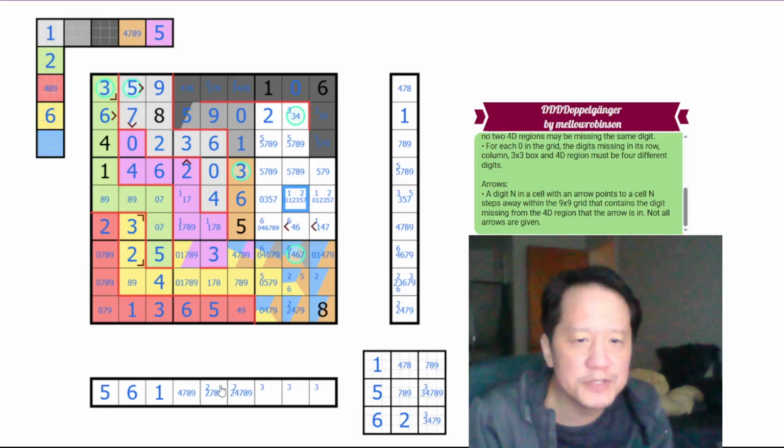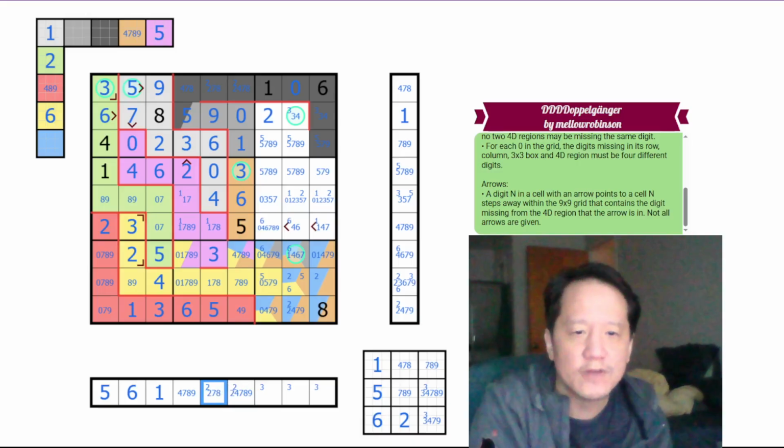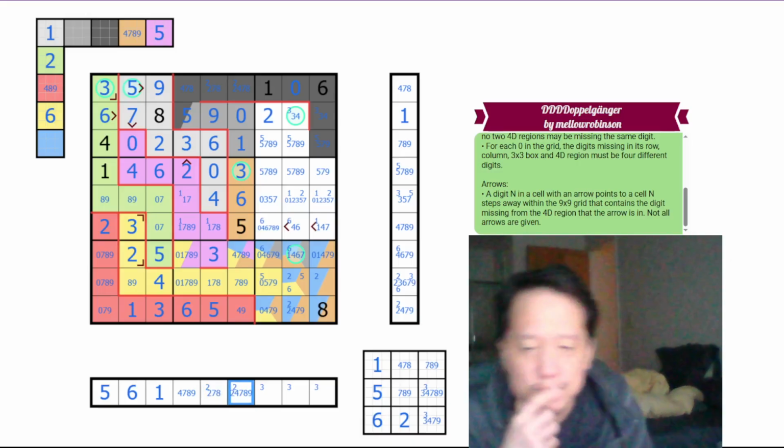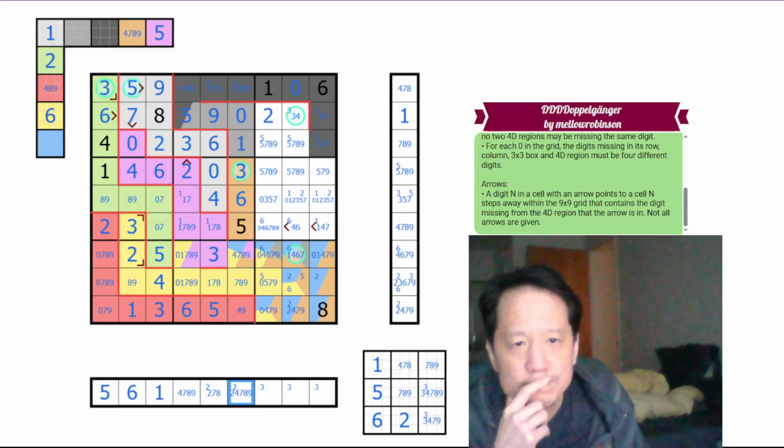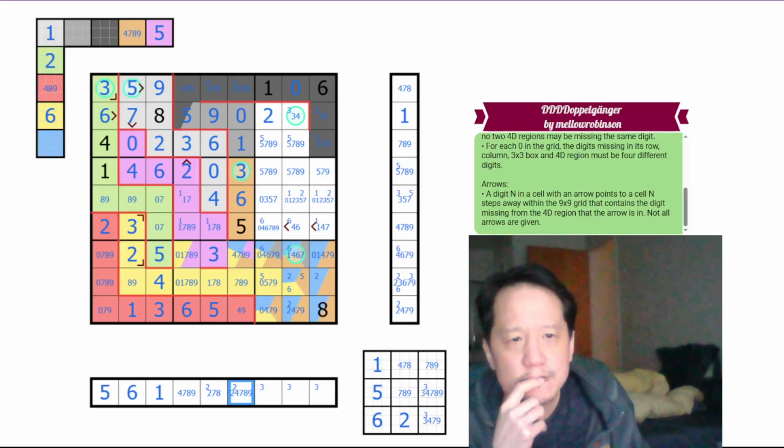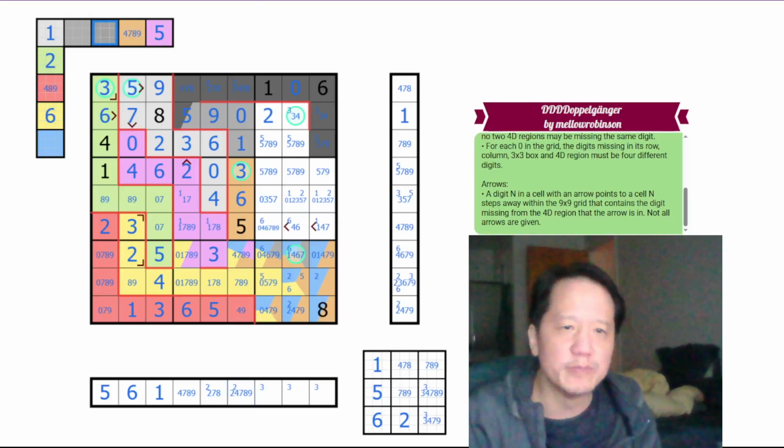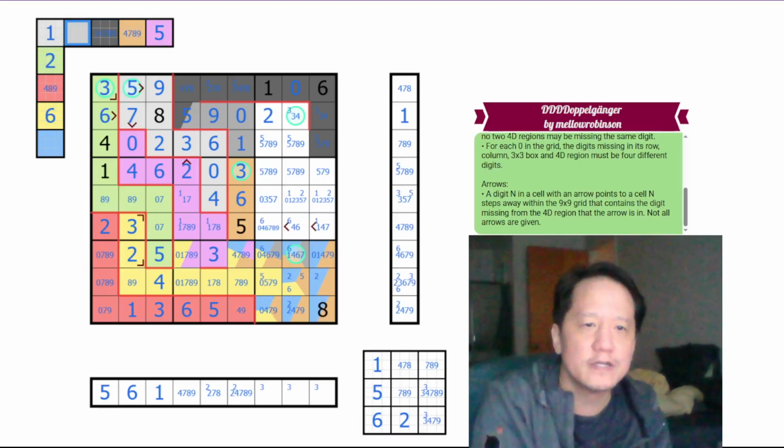We can't be missing a 9 in column 5. Dark region again could be missing 3, 4, 7, 8, 9, as is the medium region, as is blue.